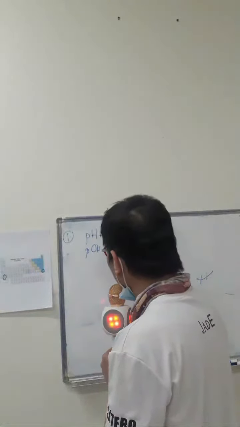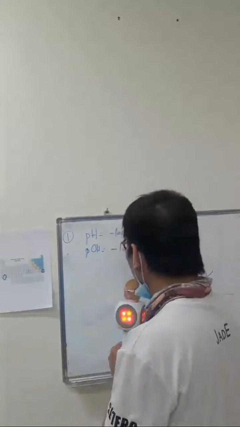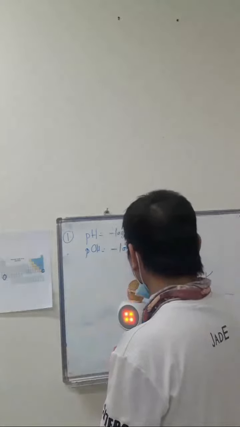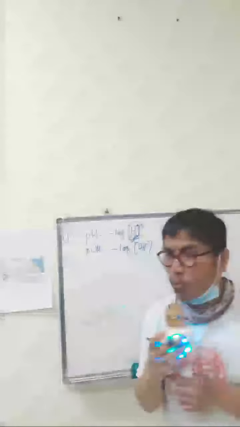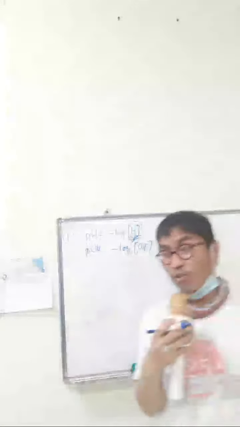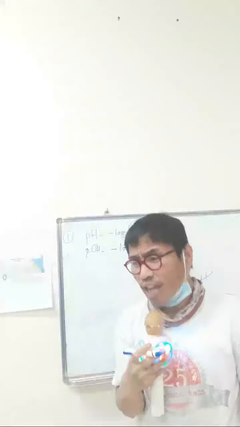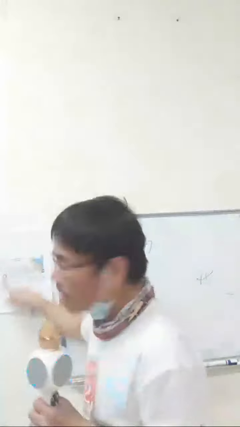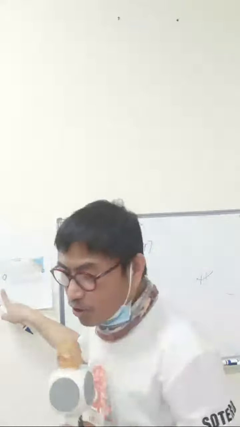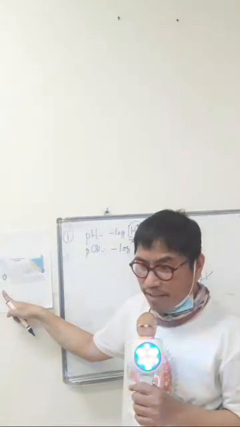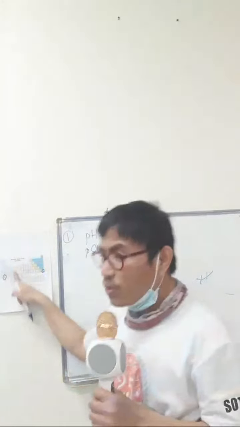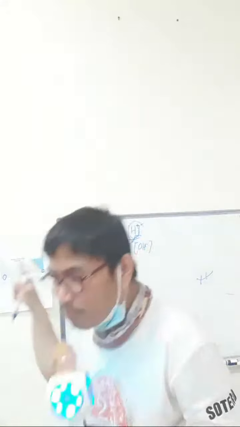pOH is the negative logarithm of OH negative, the replaceable OH. For example, I have sodium hydroxide, potassium hydroxide. Here, more on alkalinity in the periodic table. Remember, column 1 is the alkali metals and column 2 is the alkaline earth metals.